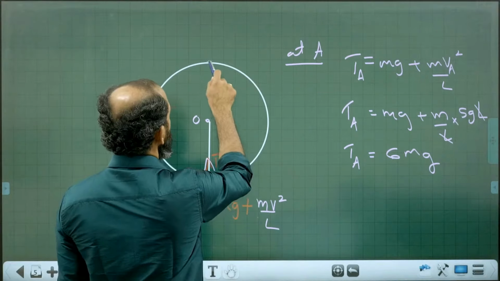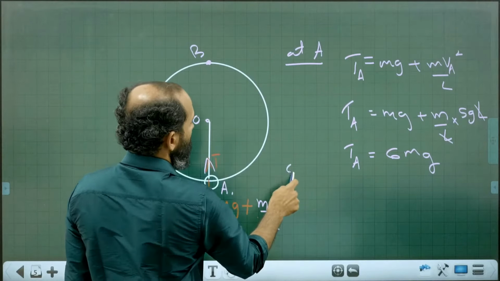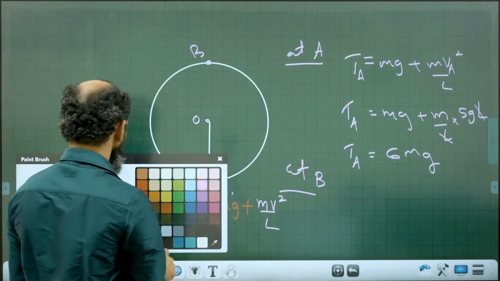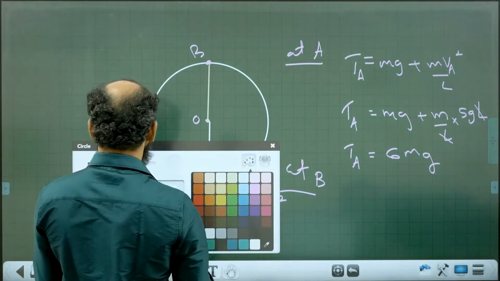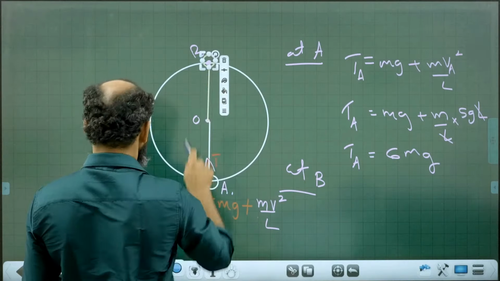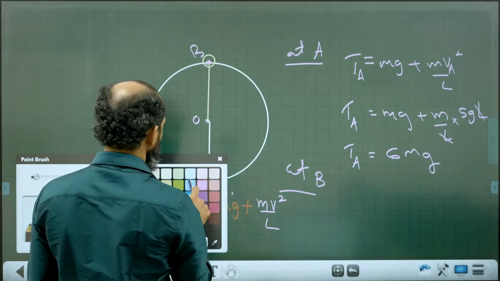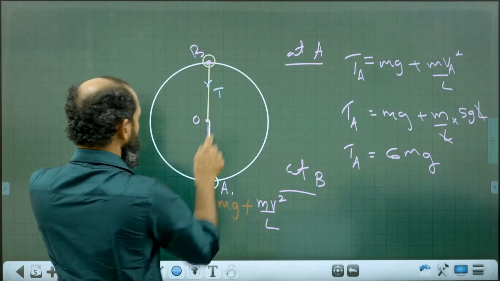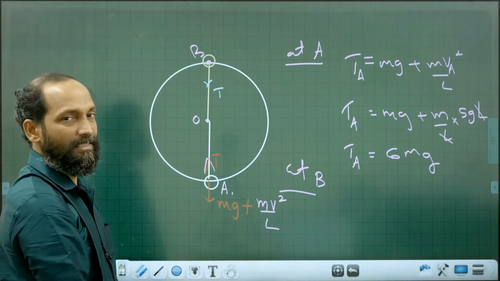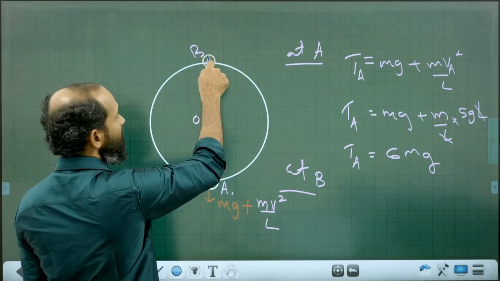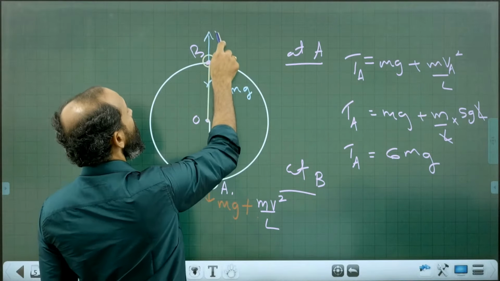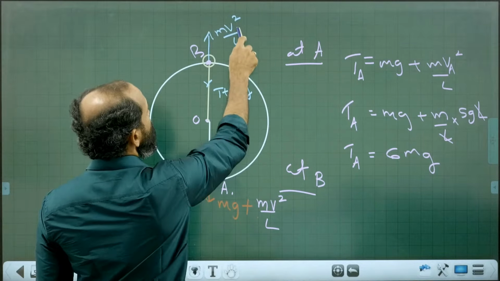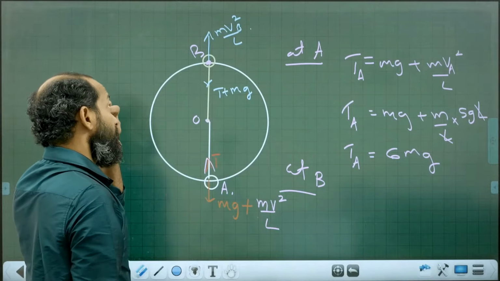Then when it reaches the point B, let us do the same. At B the bob is now at the top. What are the forces acting on it? Tension is always acting towards the center, away from the mass. Now the mass is at the top. Tension is down, mg is also down, but the radially outward centrifugal force is upward.